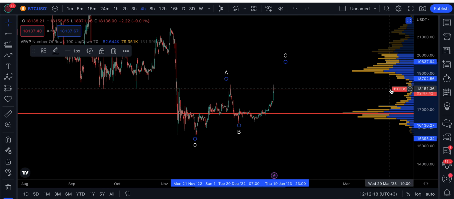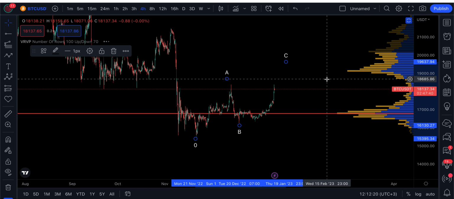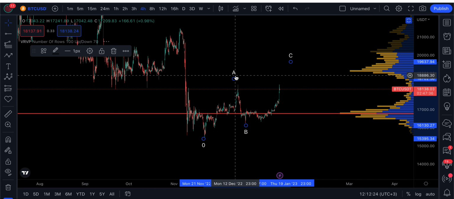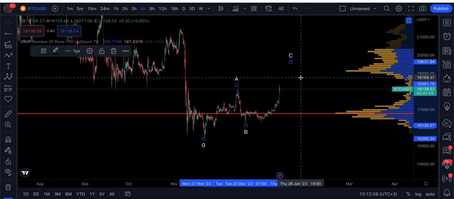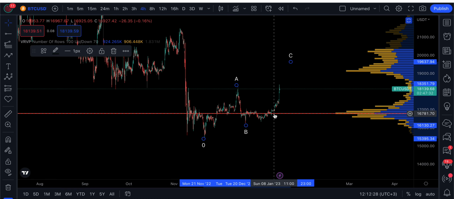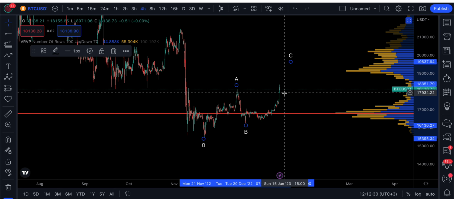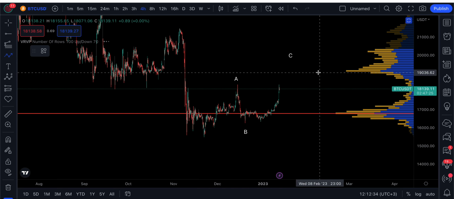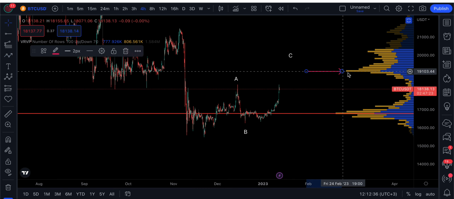So we can use the volume profile to determine this, or we can use Fibonacci levels to help us at least approximate where this move that we are currently in will go to. As we can see, we have nodes such as this one. These nodes indicate areas of value.